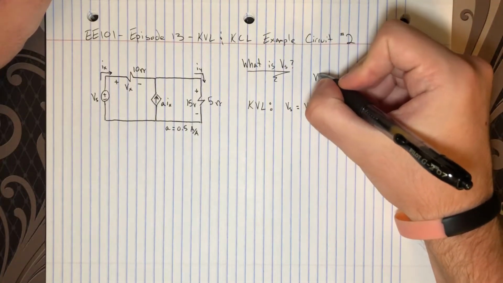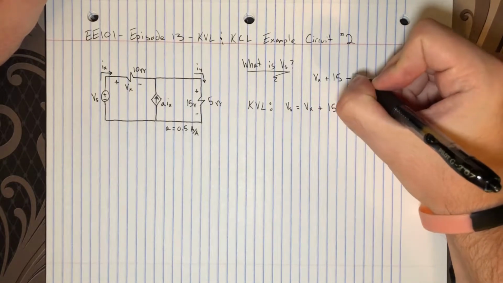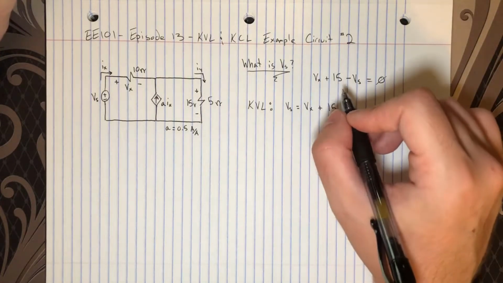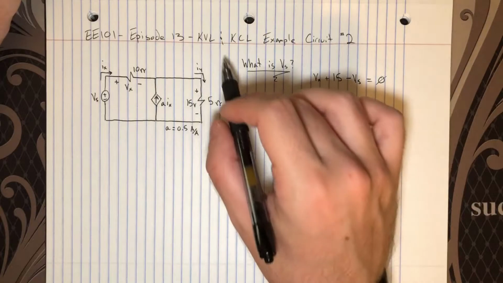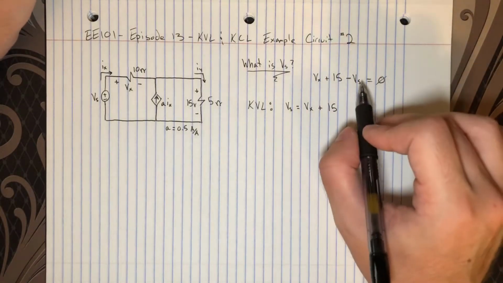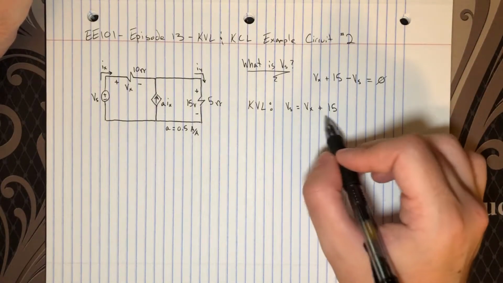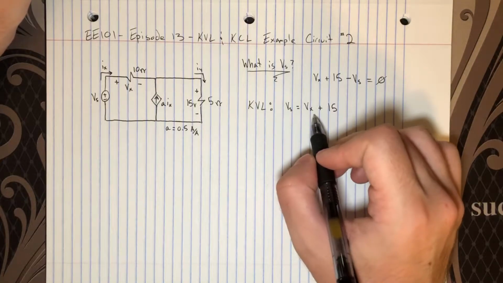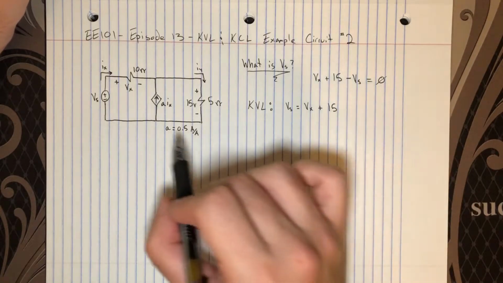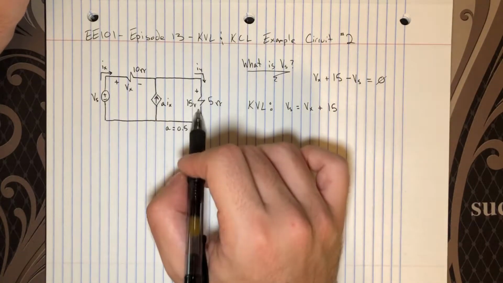I say that Vx plus 15 minus Vs equals 0. That's the explicit formulation of KVL, where as you walk around you add up voltages with the correct polarity and they sum to 0. Then all I did was move Vs to one side so it looks a little nicer. So we know that Vs equals Vx plus 15, right? Those are equivalent. The total voltage Vs appears as the sum of Vx and 15.